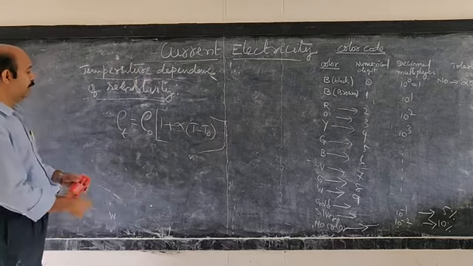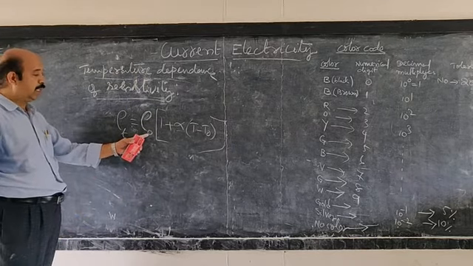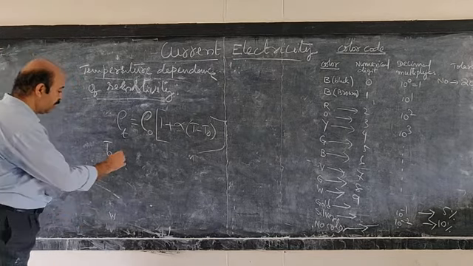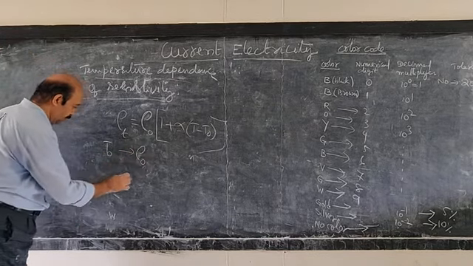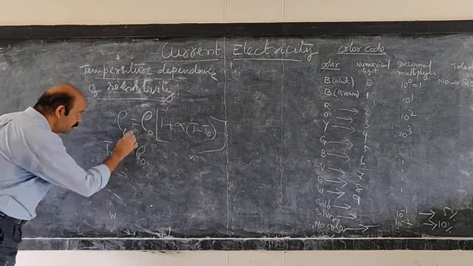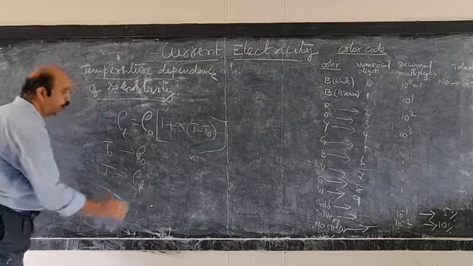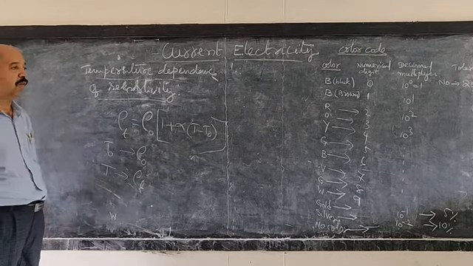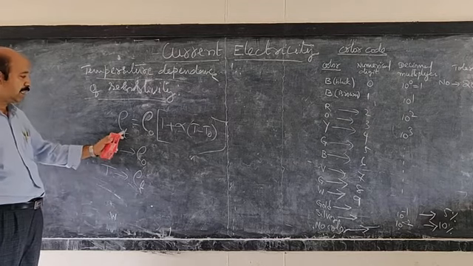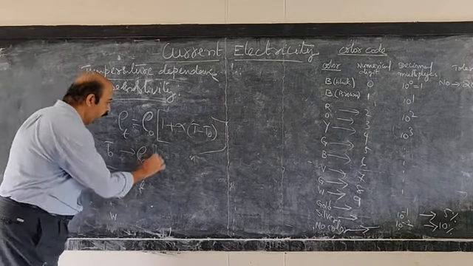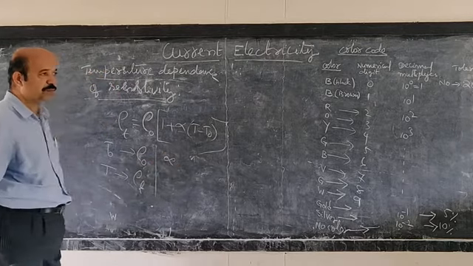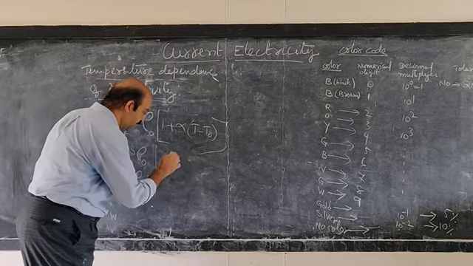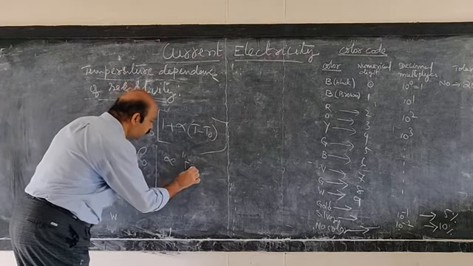So if the resistivity of the material at T naught temperature is rho naught, then at a temperature of T, the resistivity is rho T. So in that way, the relation was found between the resistivity and temperature. Here, alpha is a constant.